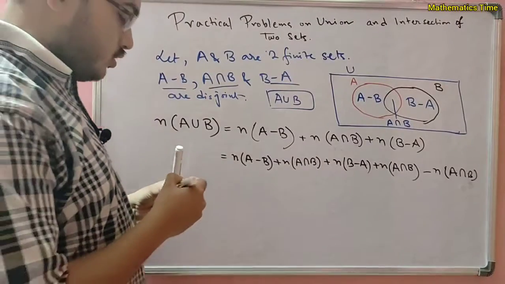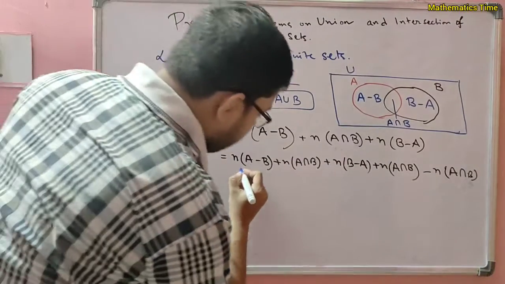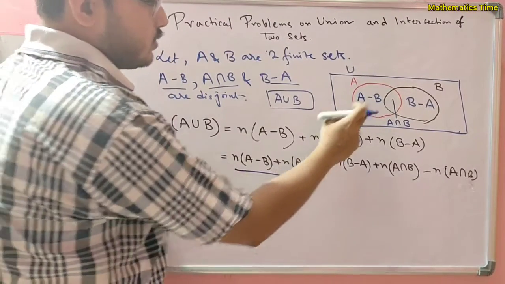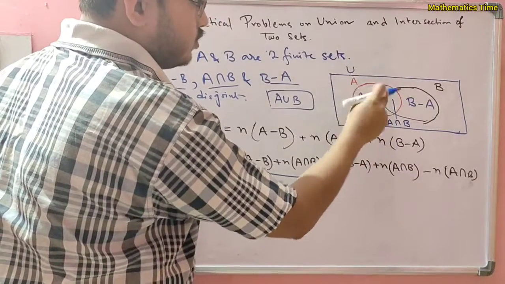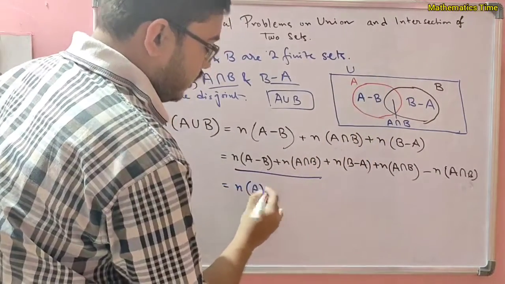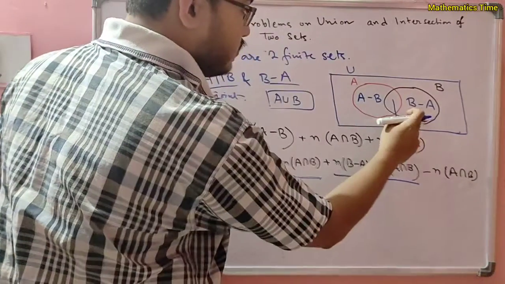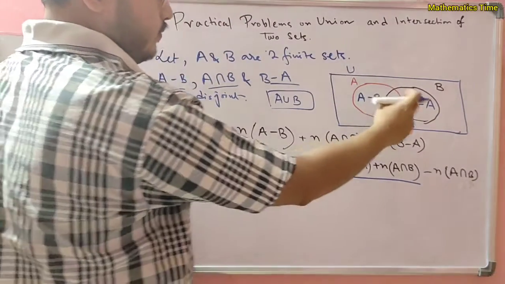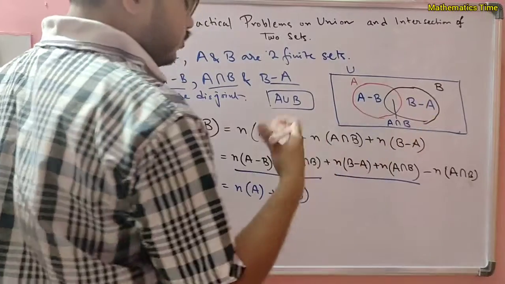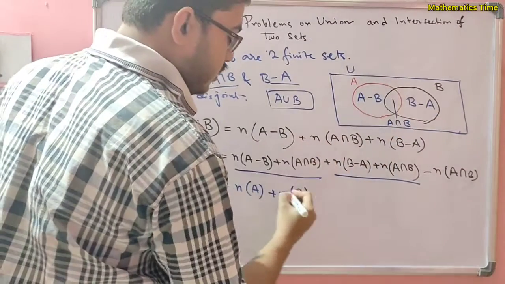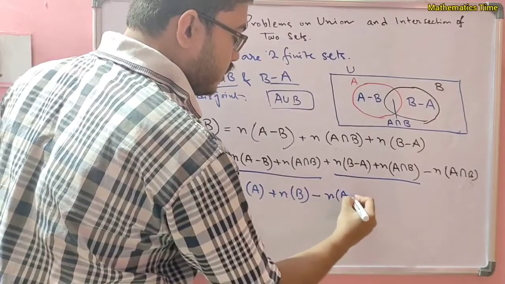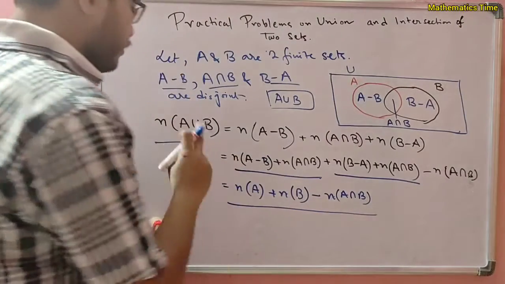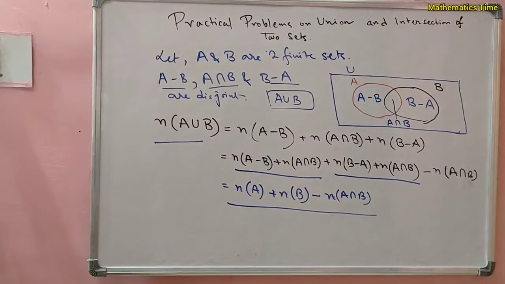If you watch closely, the number of elements in A minus B and A intersection B combine to the set A. And B minus A and A intersection B combine to the set B. If we add those numbers of elements, we get the number of elements of the finite set B minus A intersection B. So this is the basic formula for the number of elements in A union B.